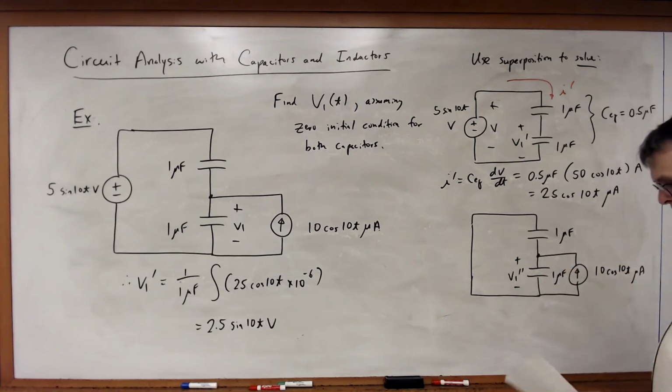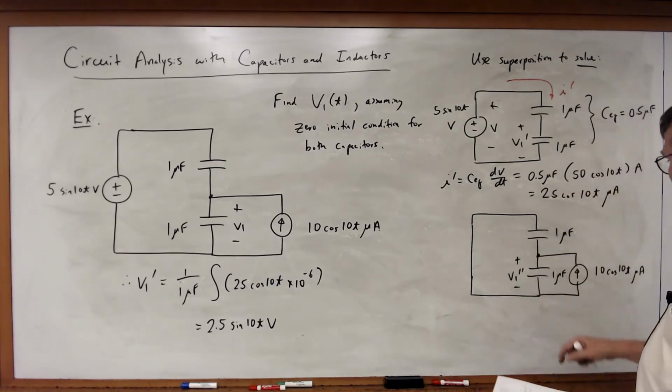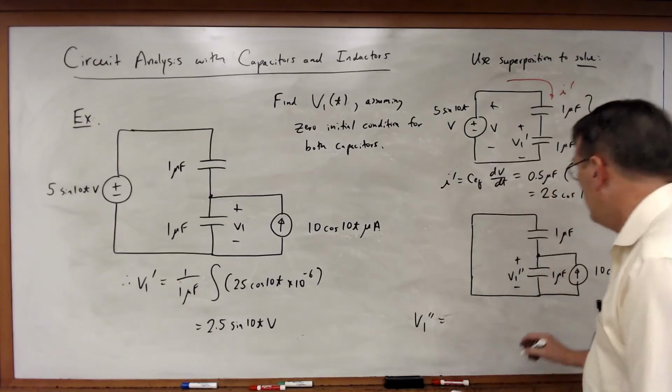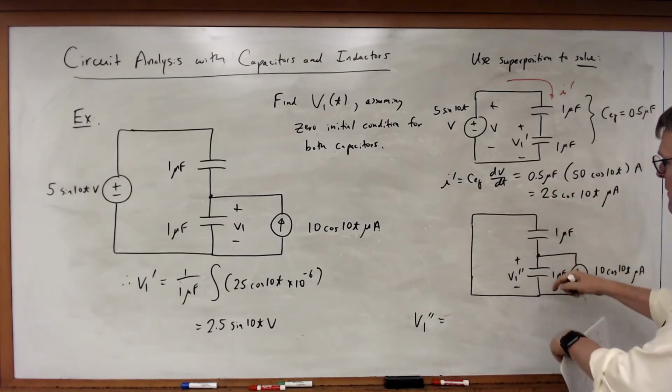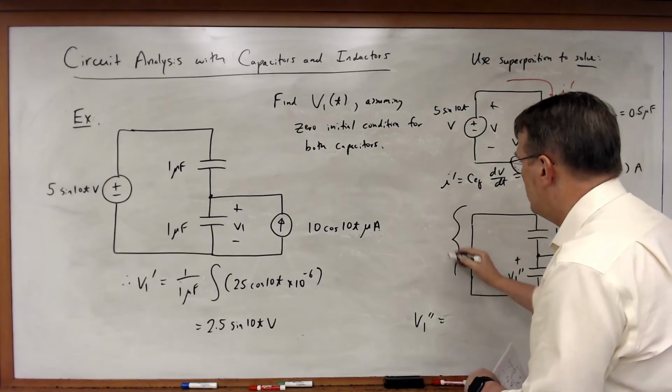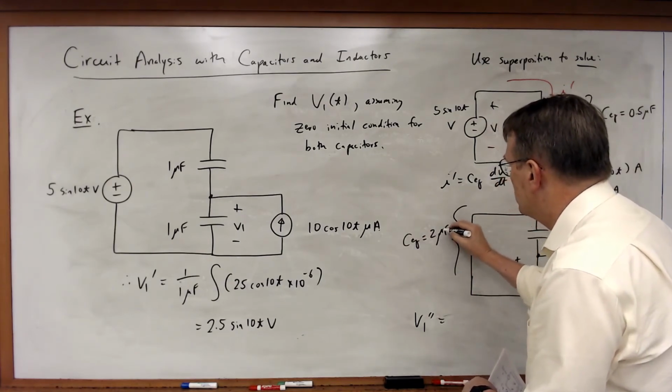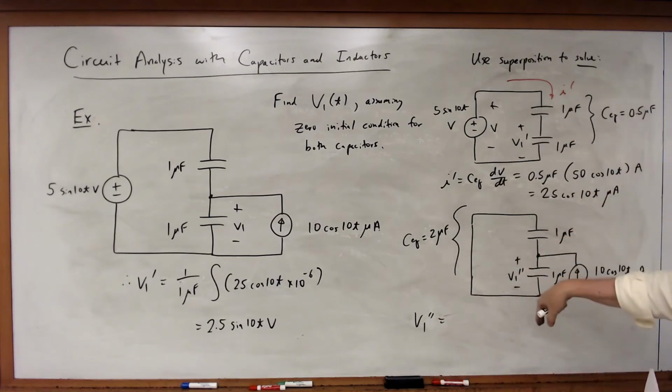Over here, V1 double prime will be equal to, in this case, the equivalent capacitance, CEQ, is equal to 2 microfarads because they're in parallel, they're going to add together.